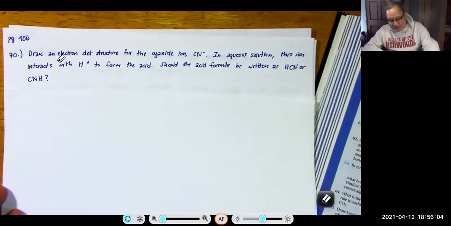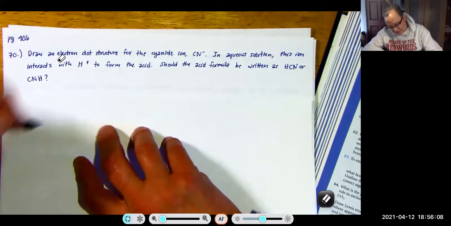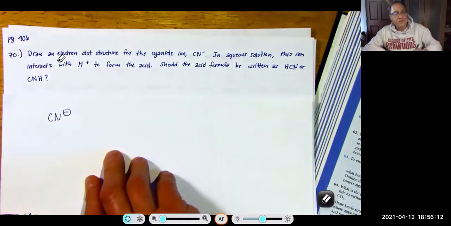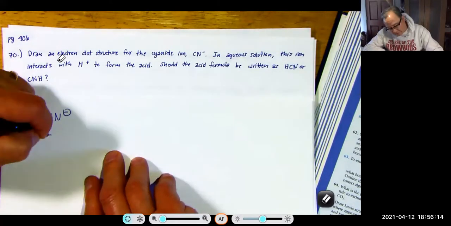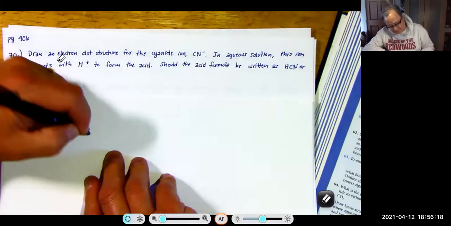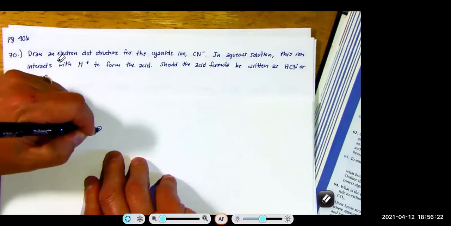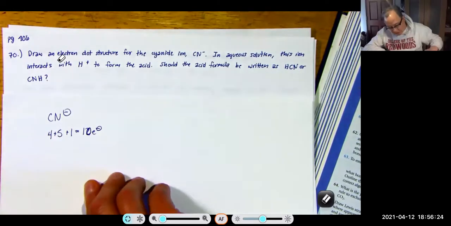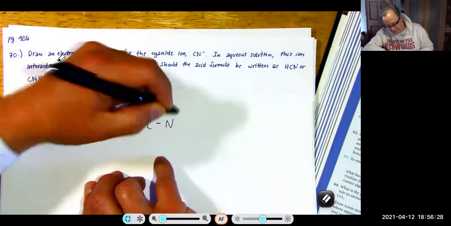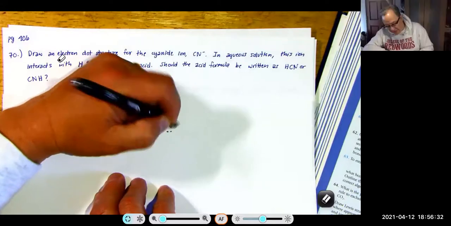Draw an electron dot structure for the cyanide ion, CN -1. So we're looking at 4 plus 5 plus 1 for 10. I can't add. So naturally, we're going to start with carbon single bonded to nitrogen. We're going to put the electrons on nitrogen because it's more electronegative.